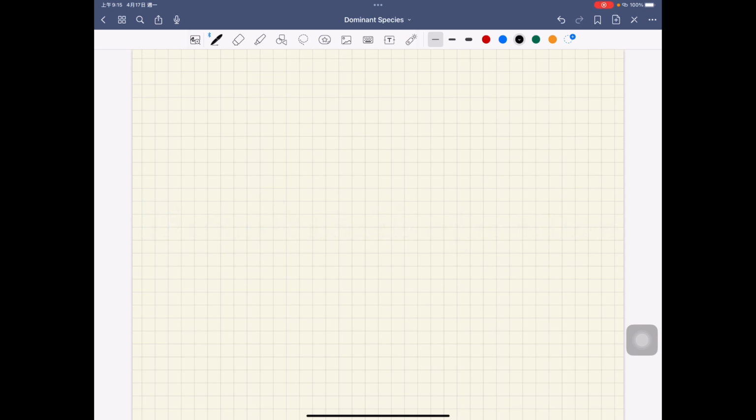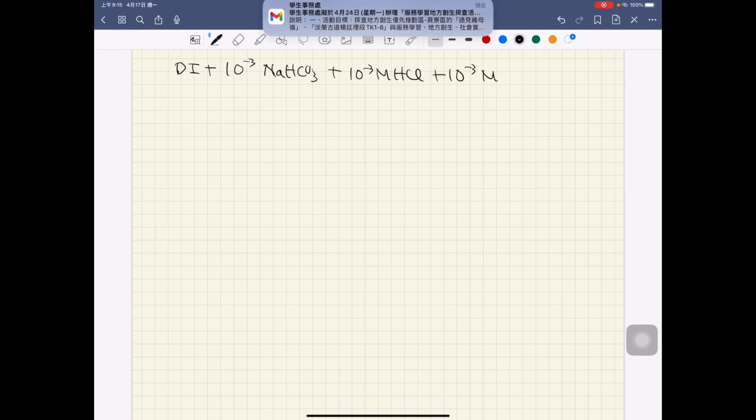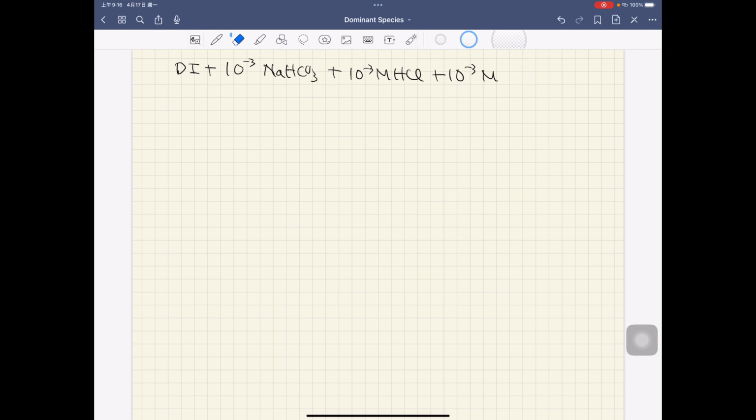For example, I ask you to find the dominant species with DI water plus, let's say, 10 to minus 3 molar of NaHCO3, plus 10 to minus 3 molar of HCl, and plus 10 to minus 3 molar of NH4Cl, ammonium chloride, okay? If the question is like this, find the dominant species.